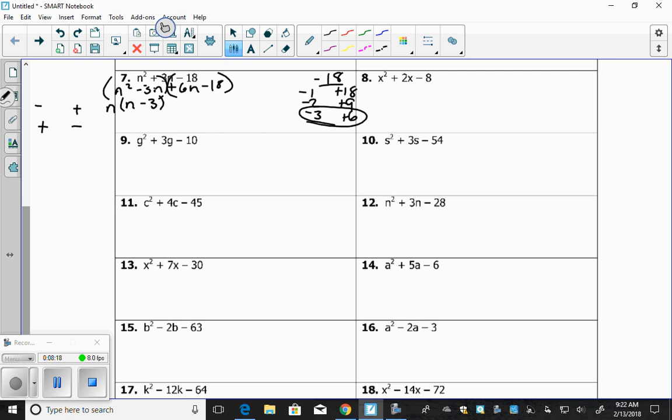What about my second set of parentheses? What's common? Yep. What's left? Are my parentheses the same? Yes, so rewrite. What goes in the first set? N minus 3. What goes in the second one? N plus 6. And that's your answer.